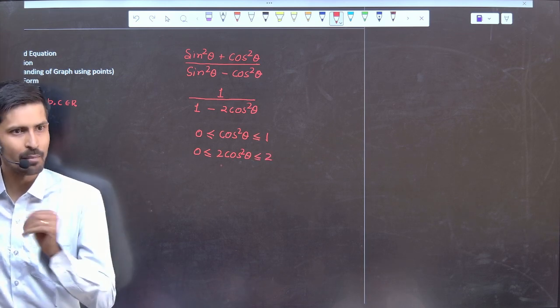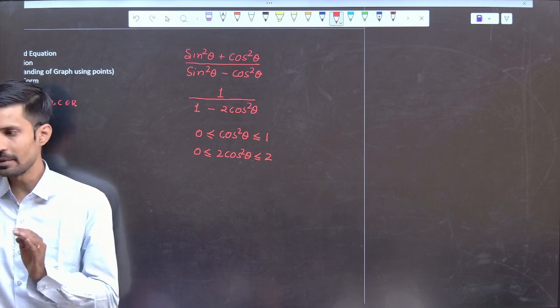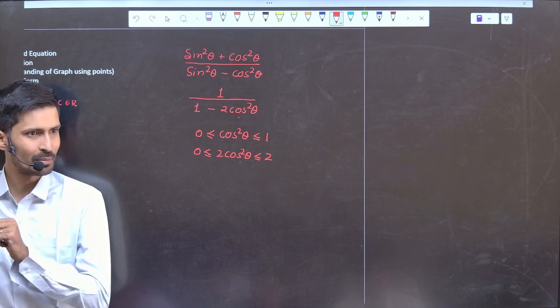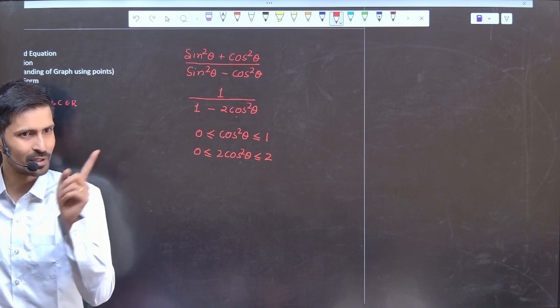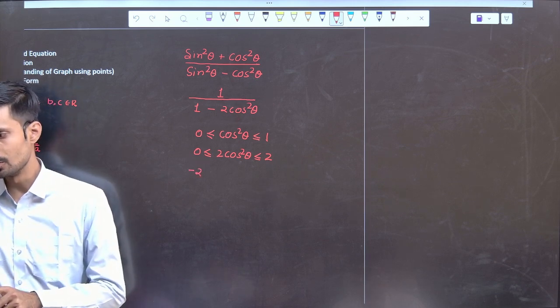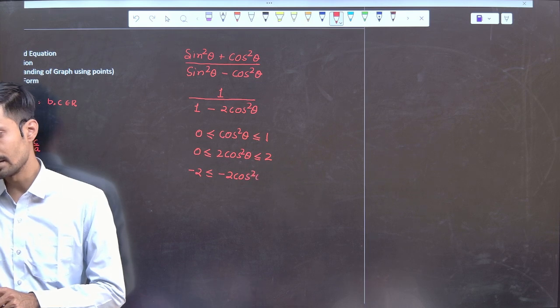Now I will multiply by the minus sign, then it will become minus 2 cos square theta. When we multiply by a minus sign, you remember, maxima comes towards the minima side, minima goes towards the maxima side. So that will become minus 2 less than or equal to minus 2 cos square theta less than or equal to 0.